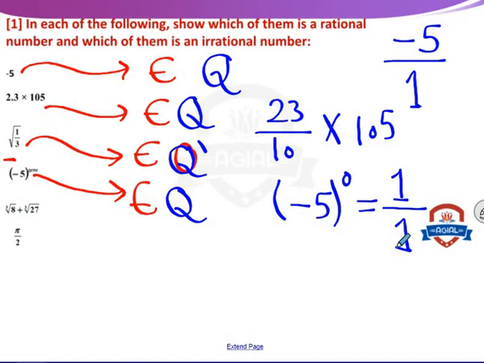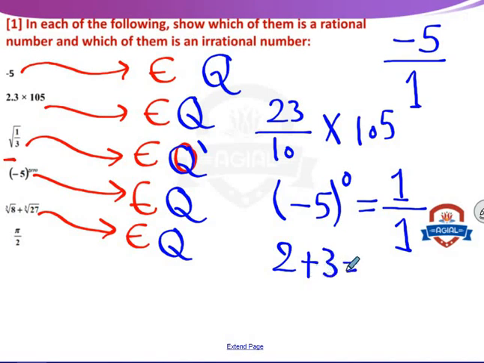The next, we have the cube root of 8 plus the cube root of 27. The cube root of 8 and the cube root of 27 belong to what? Yes, they belong to Q. Why Q? Because the cube root of 8 will be 2, and the cube root of 27 will be 3. 2 plus 3 equals 5.